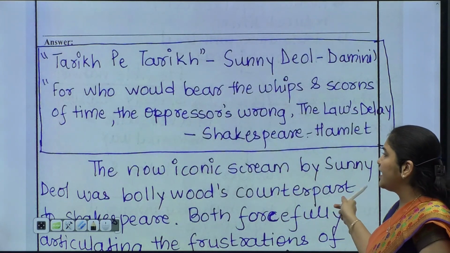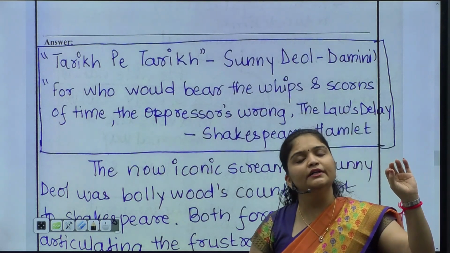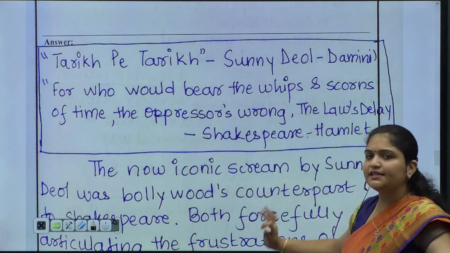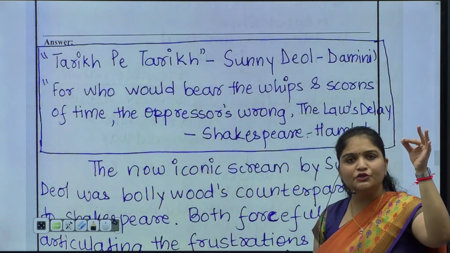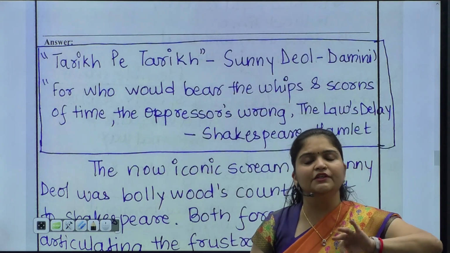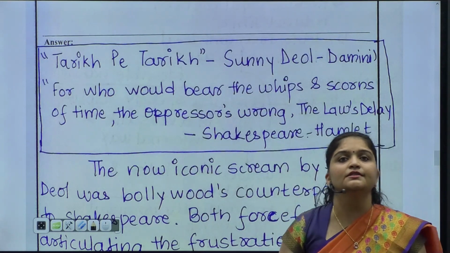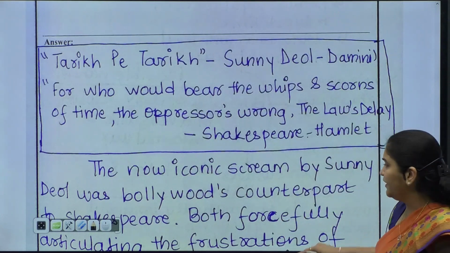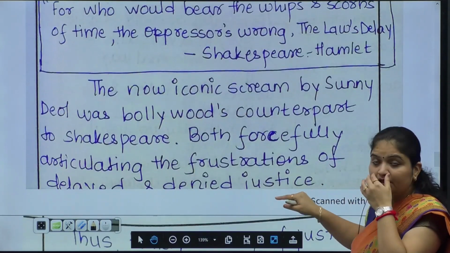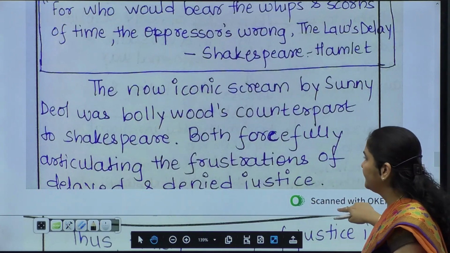And this iconic scream is Bollywood's counterpart to what? Shakespeare. Now this needs no explanation. You can say this to show that the delay in the justice delivery framework is a big problem and challenge, okay? And it shows the frustrations that have been articulated by both these people, all right?